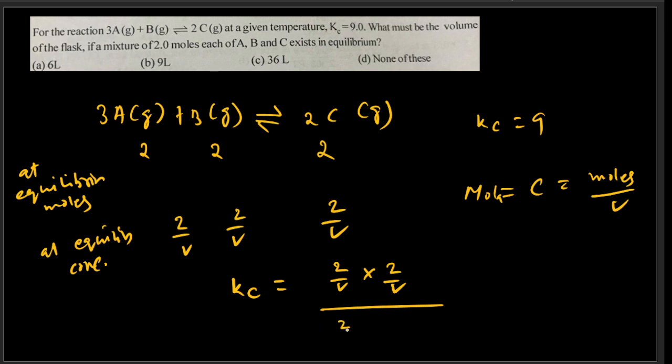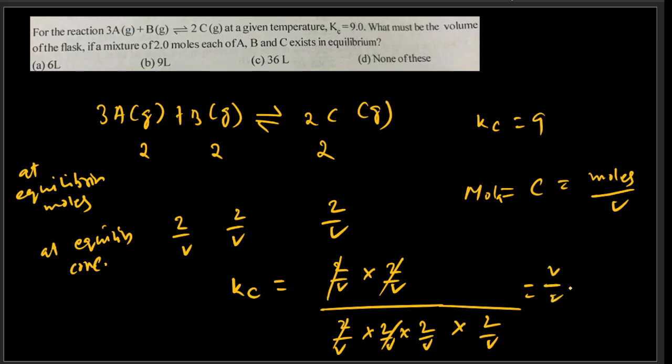So this is 2 by V into 2 by V into 2 by V, and one factor cancels. What remains is V by 2 into V by 2, and Kc is given as 9.